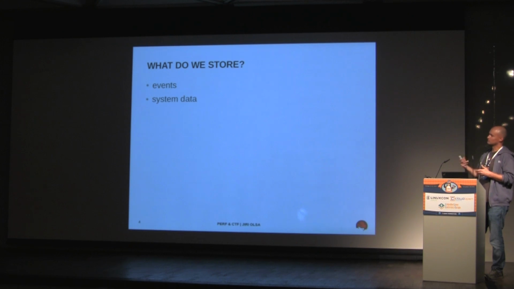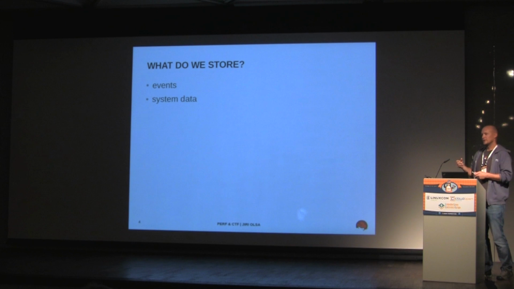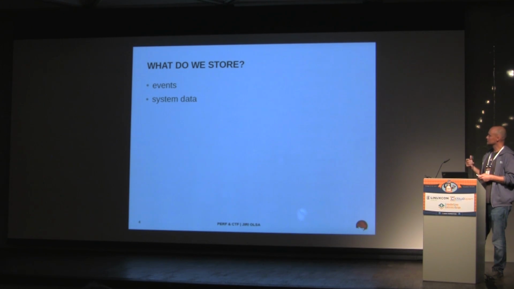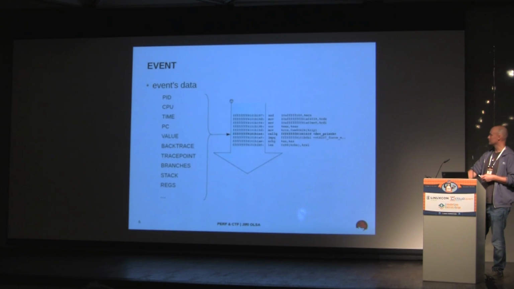The information is stored as the event data, so whatever data can describe the system at the event time, we store to the data file. The event data is accompanied with system data, which can be various data basically describing the system, like the architecture of the system, the release of the kernel, or other useful information during the report.